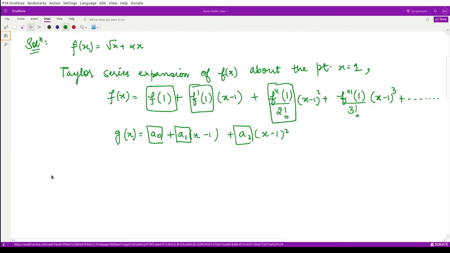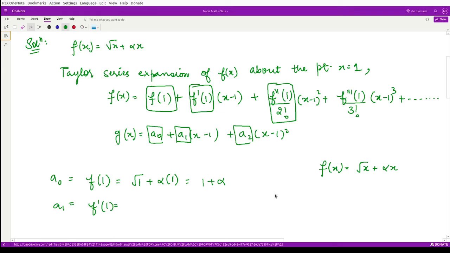First of all, let me calculate a0. a0 is your function's value at the point 1. Your function is square root x plus alpha x, so when you substitute x as 1, you obtain square root of 1 plus alpha into 1, which is 1 plus alpha. So this is a0. a1 is the derivative of the function calculated at the point 1.